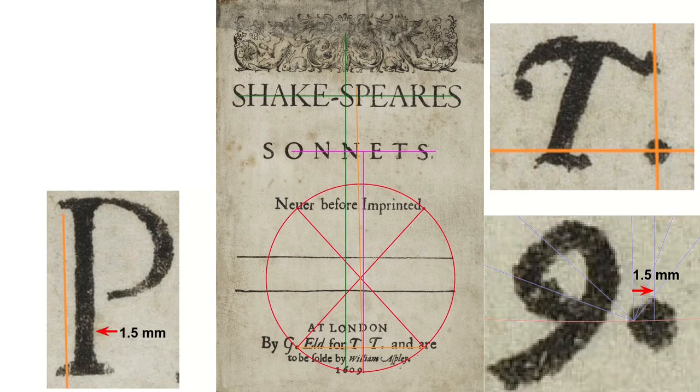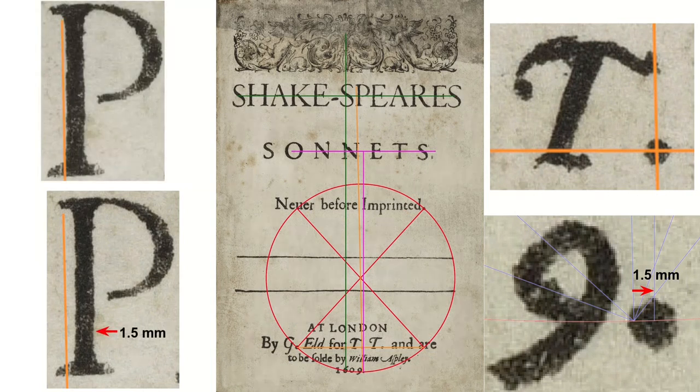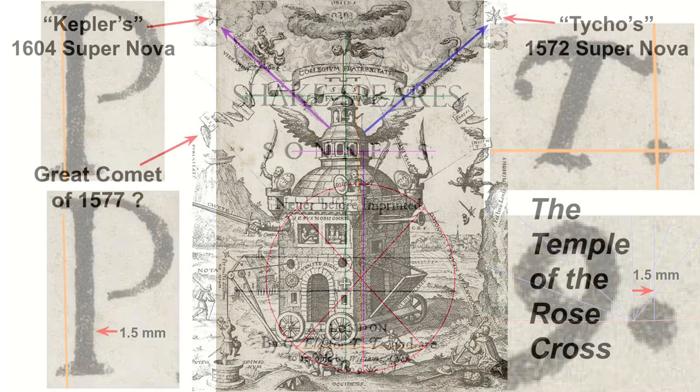And so we want to move that P 1.5 millimeters, and if we do that, then that yellow line is going to be right up the inside of the P, which is where I would expect it. It's where the pink line goes through the I. It's where the green line goes through the N. Right. So that might seem a little bit acute, but we have to get down to this kind of level of accuracy now.